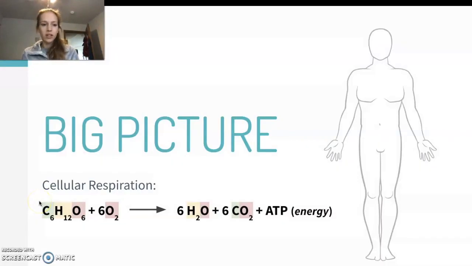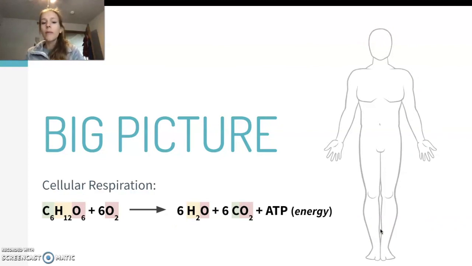But here's the big picture, guys. We've got our equation, which is just a summary of a process. We take these reactants, glucose and oxygen, and we make these products, water and carbon dioxide, and most importantly, ATP energy. And we can think about all the parts of the body systems that allow this process to happen.